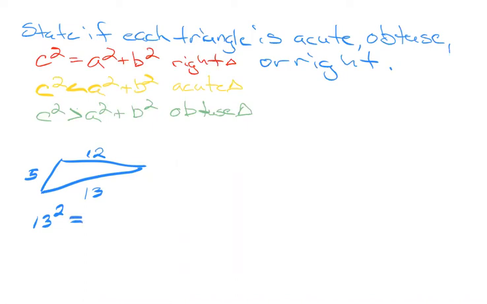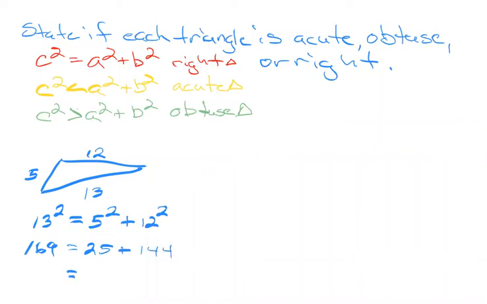We plug in the other two, we get 5, and we're going to square it. We get 12, and we're going to square it. It doesn't even matter where I plug those two in. So 13 squared is 169. 5 squared, 5 times 5 is 25. And 12 squared is 12 times 12 is 144.